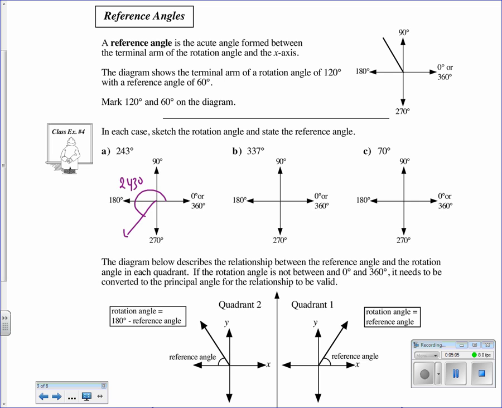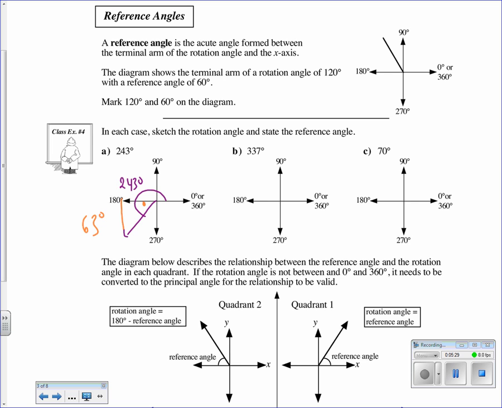And when I make the reference angle, it needs to be the angle that is formed between the terminal arm and the x-axis. So I need to find that angle. So that would be my reference angle, 243 minus 180. That's a 63-degree reference angle.